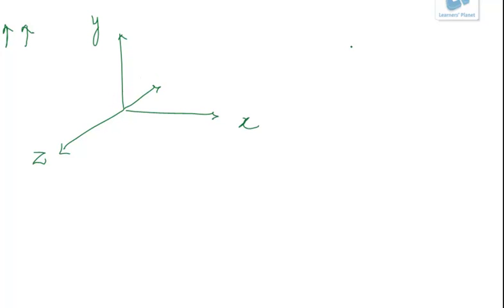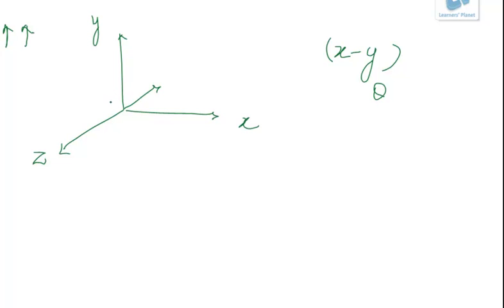Okay, now let us try to understand. Let us say this is x, this is y, and this is z. Now, both the electric and magnetic field are parallel to the y-axis. Irrespective of the direction of motion of the charge, it is given that it is always in the xy plane, and it enters with angle theta with the x-axis.